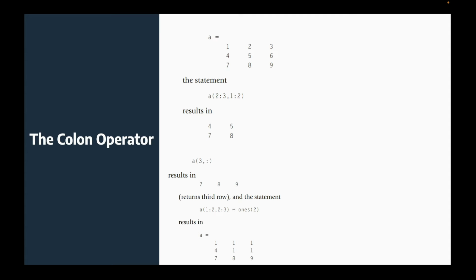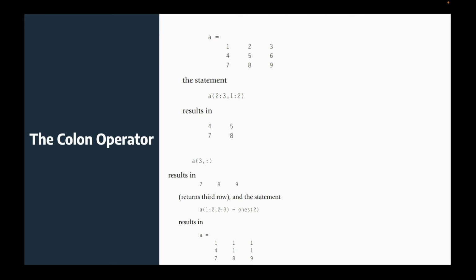A of 2 to 3, those are the rows, and 1 to 2, those are the columns. So it says take the second and third rows, and first and second columns. That's going to leave you with the numbers 4, 5, 7, 8. So MATLAB will display for you 4, 5, 7, 8.